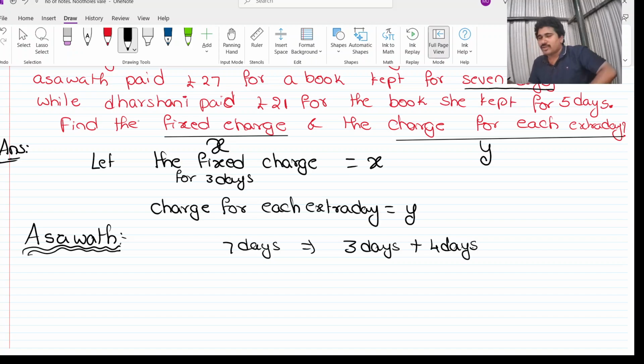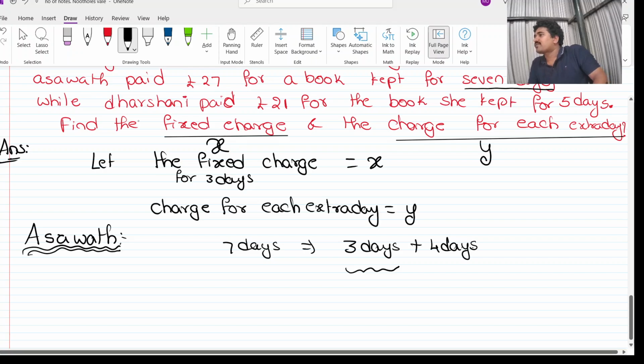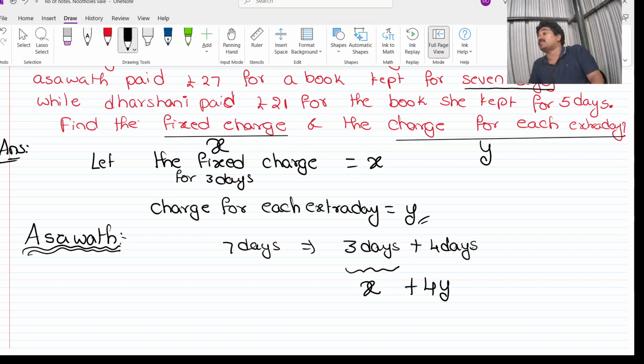First 3 days, how much charge? x, plus 4 days, 4 into y, that is 4y. Don't write 3x plus 4y, because I saw people writing 3x.